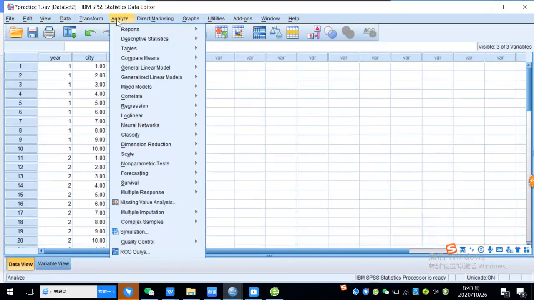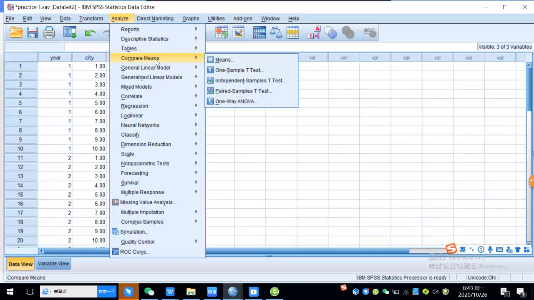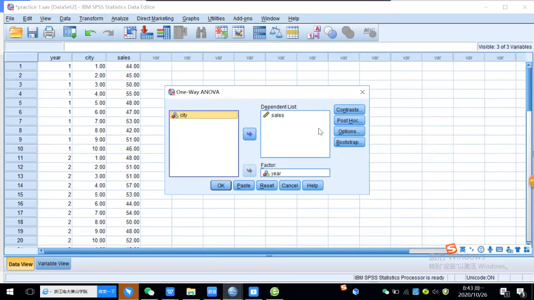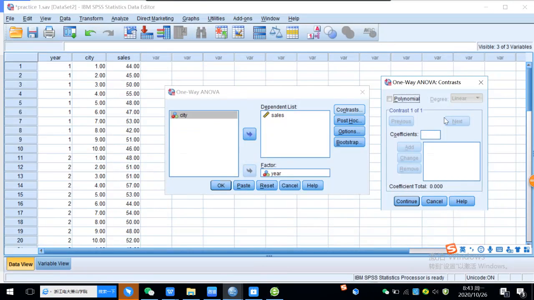Okay, so next, still we will use compare means, one-way ANOVA. This time we will select the contrast. Yeah, contrast, select polynomial, right?